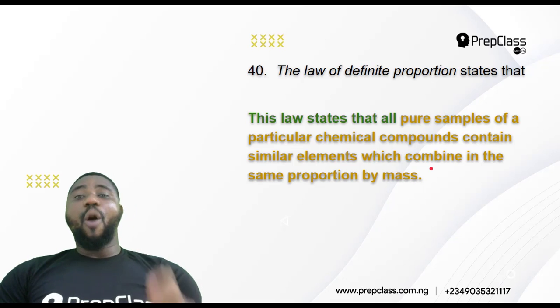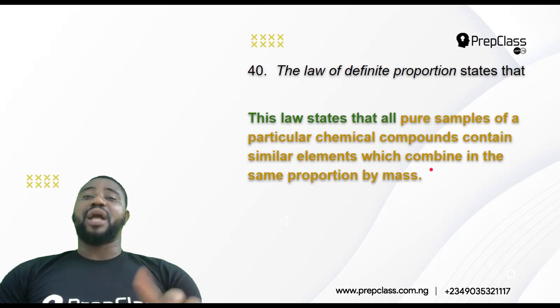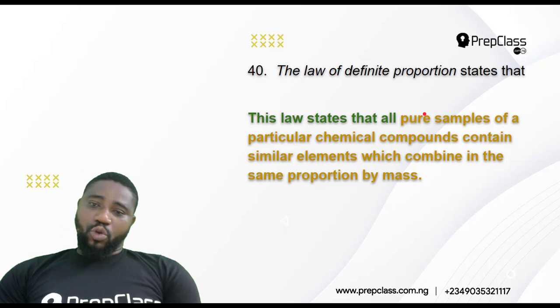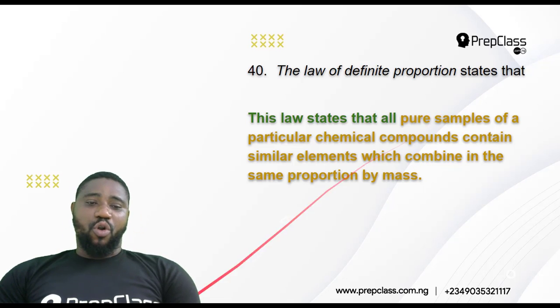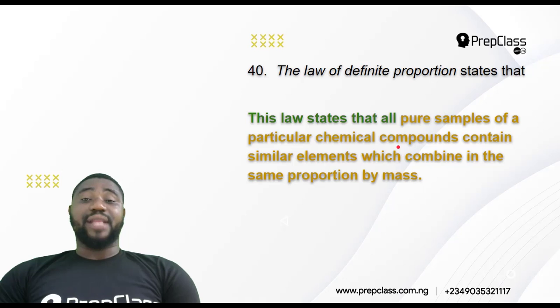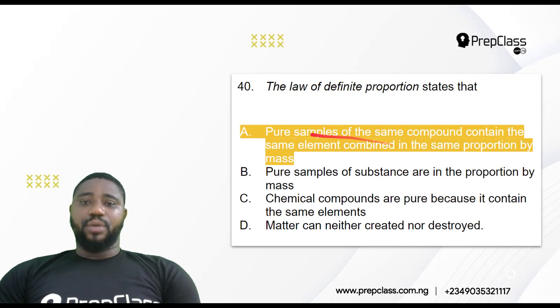Looking at the options, it is A. Pure samples of the same compound contain the same elements combined in the same proportion by mass. So the correct answer to this question is A.